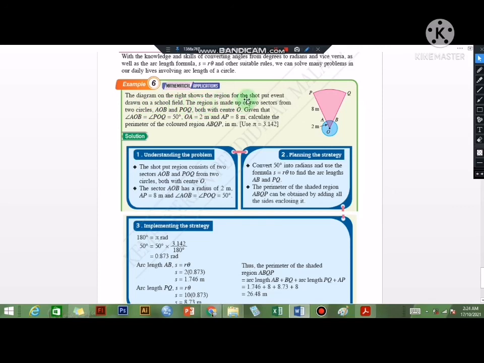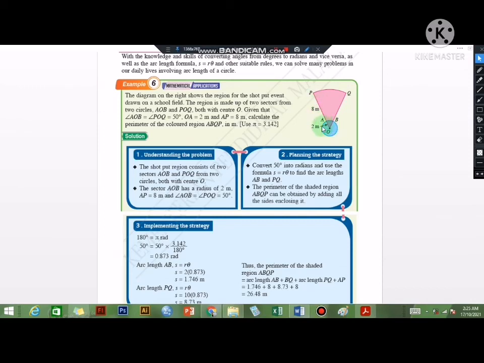The region is made up of two sectors from two circles, which is AOB and POQ, both with center O. Given that angle AOB equals angle POQ equals 50 degree. This angle is equal to 50 degree.